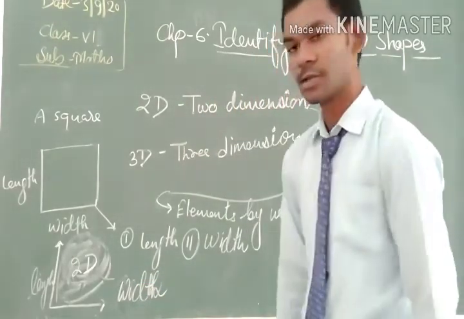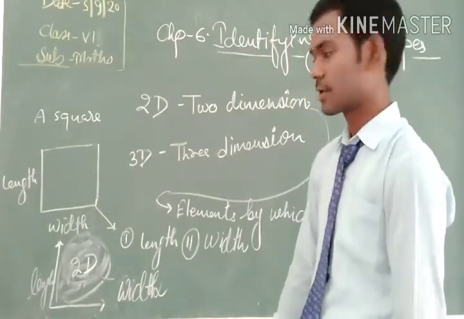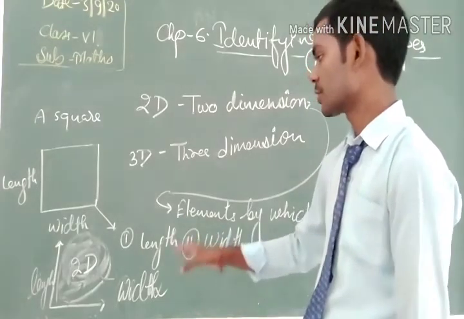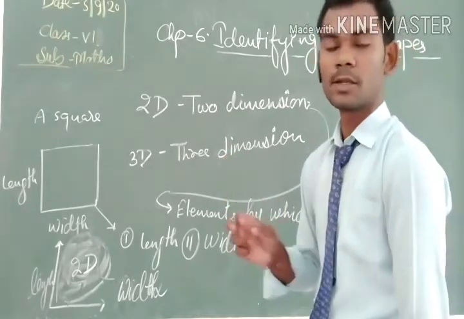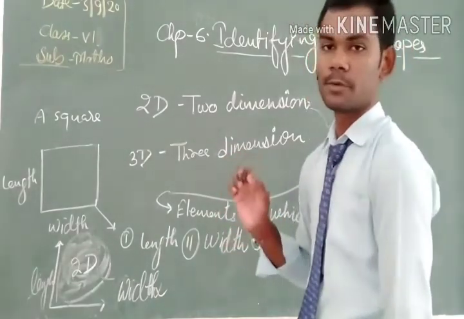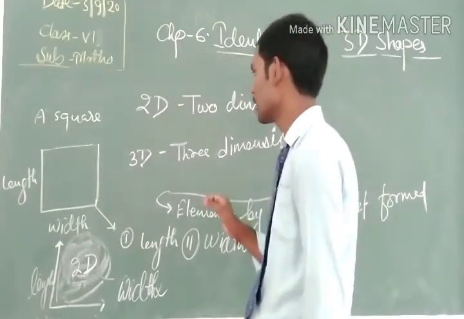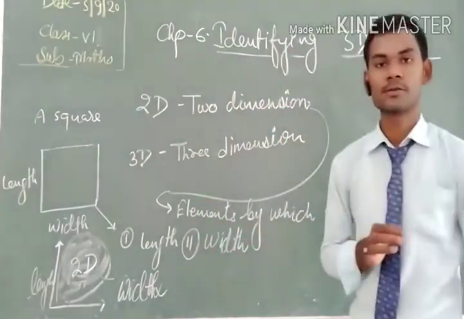Therefore, it has only two dimensions, so it is known as a two-dimensional figure or 2D shape. I hope what a 2D or two-dimensional figure is, is clear to all.